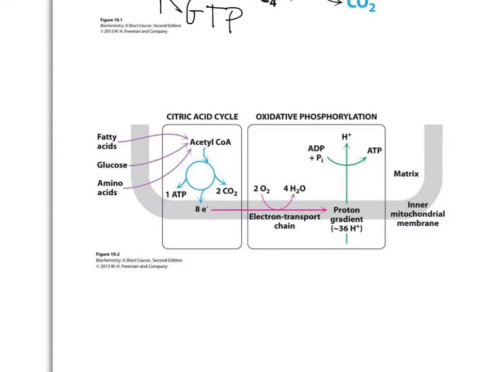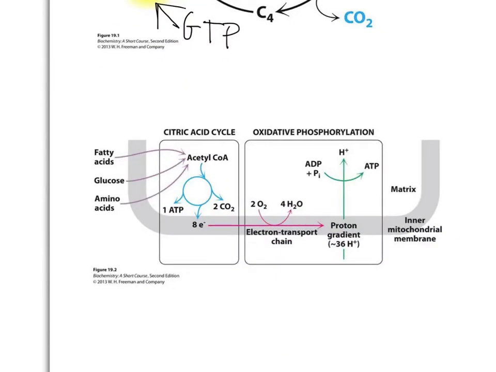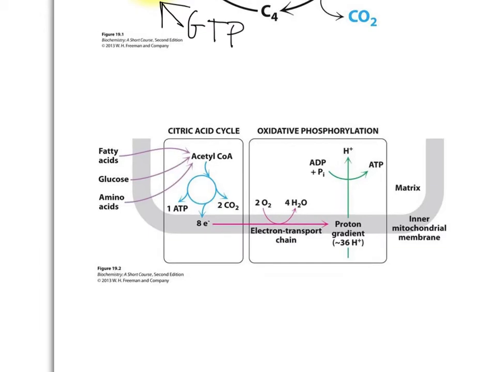And then, as I mentioned before, these 8 electrons actually come from these. You get 2 electrons per NADH and 1 per FADH. Those electrons get fed into the electron transport chain, and water is made.